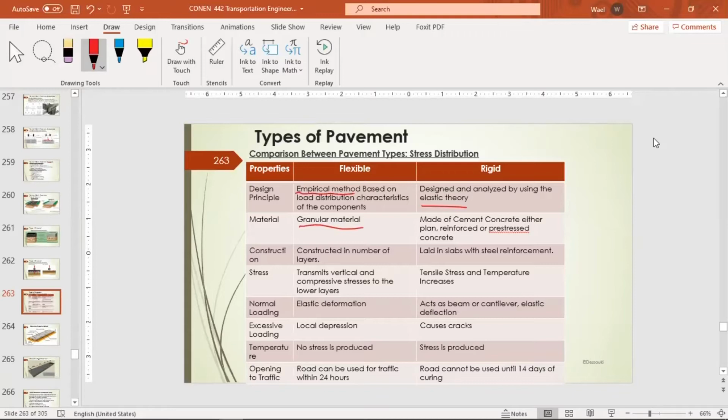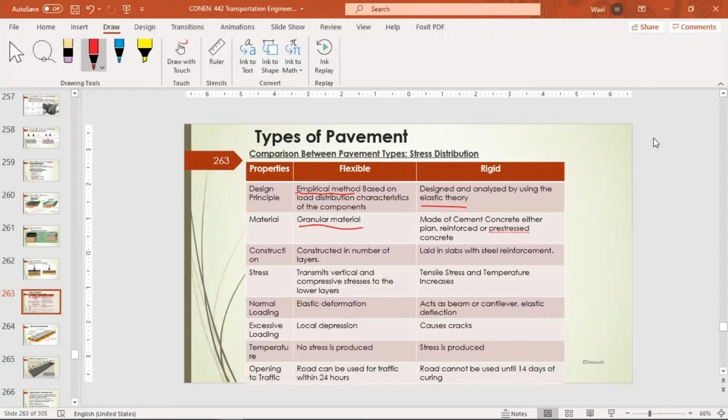For construction, flexible pavement is constructed in a number of layers. Here, it's laid in slabs. The stress in flexible pavement transmits vertically, with compressive stresses due to the lower layers.